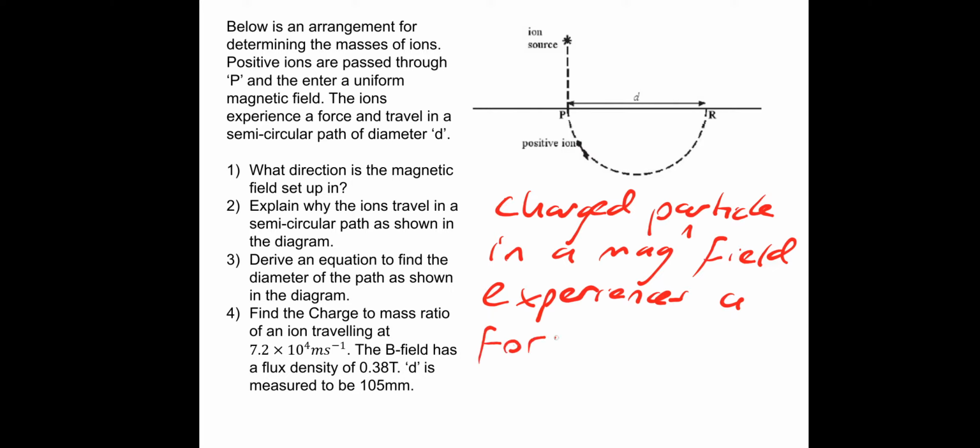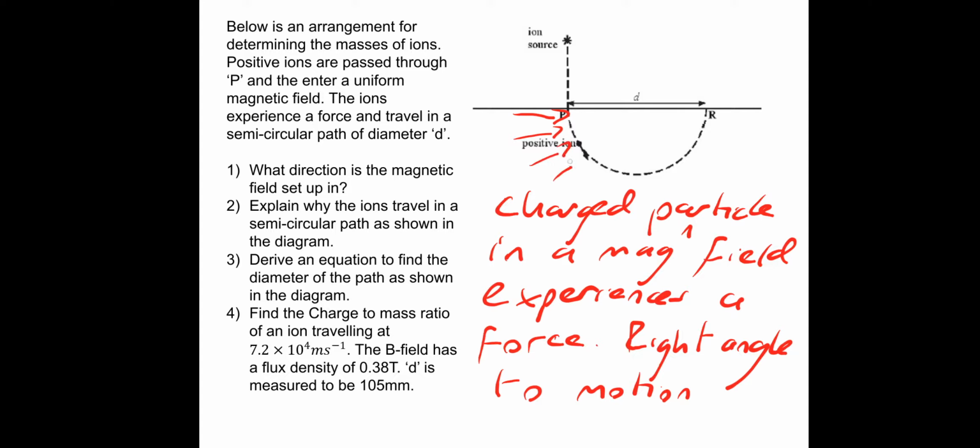And that force is always at a right angle to its motion. Which means it will exhibit circular motion, as it does in this case in this diagram. So initially the force will be in that direction, and then as it changes direction, the force will continue to be applied at a right angle to its motion, which will force it to exhibit circular motion.